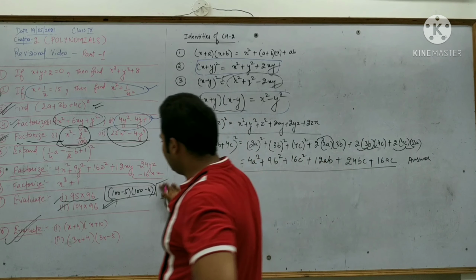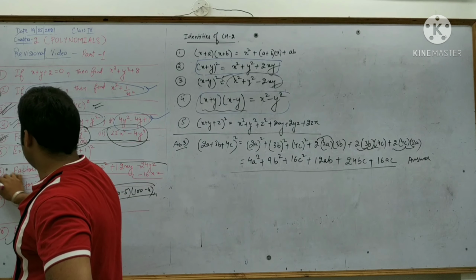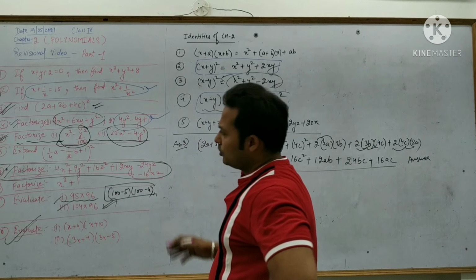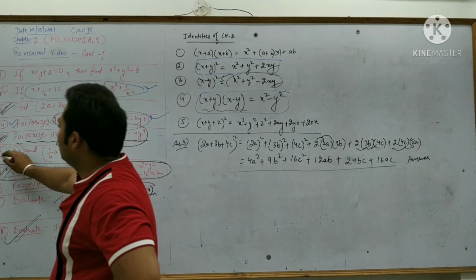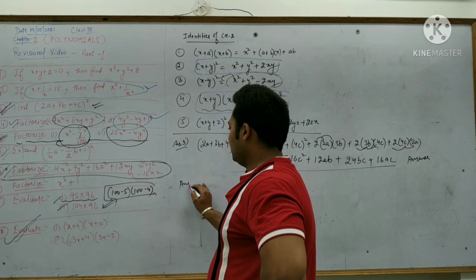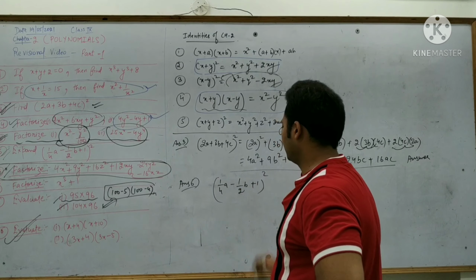And see, this question number 7th is the reverse of this identity. It's a good question. Question number 6th is also an example of this identity. First of all, see 6th. 1 by 4a minus 1 by 2b plus 1 whole square.